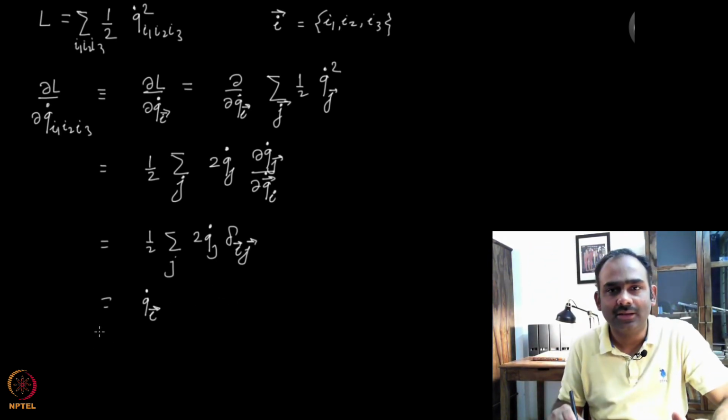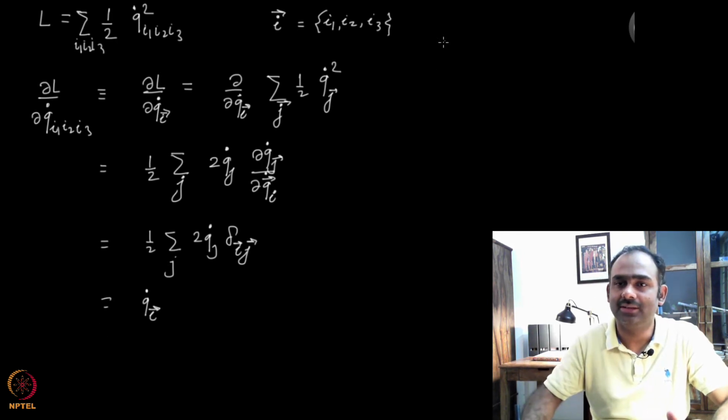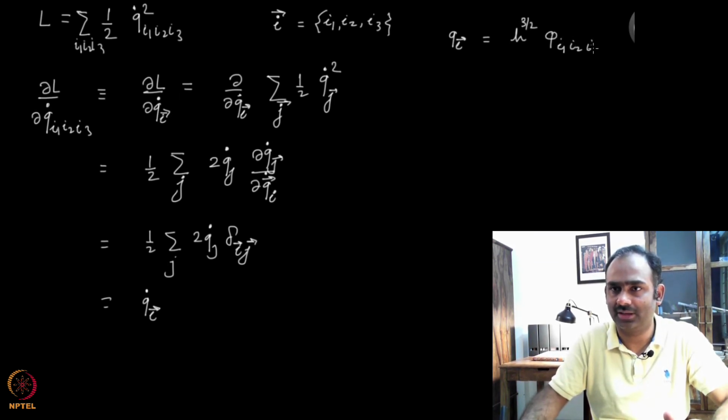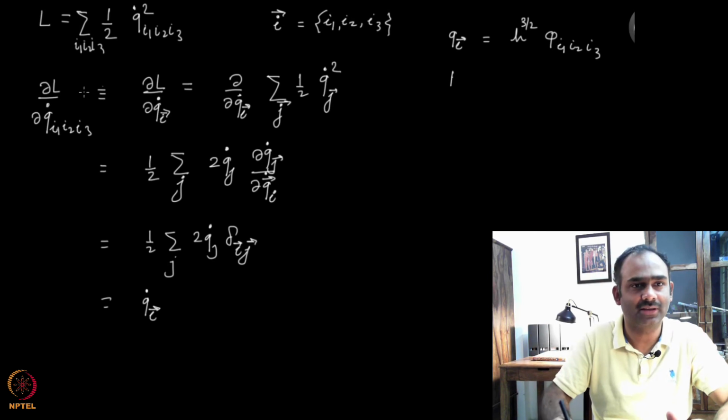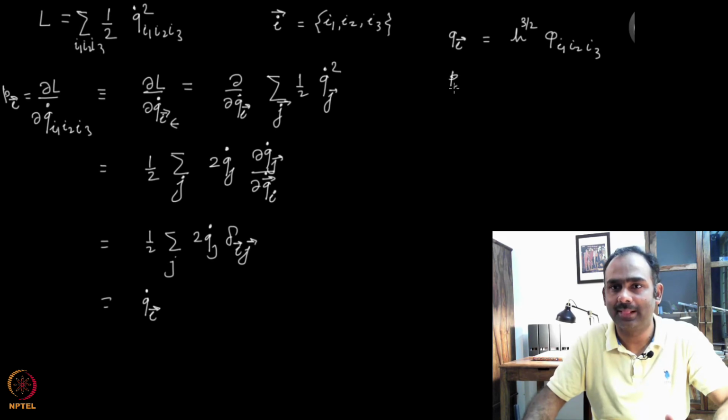That is good. Now, what I could have done already, or I can still do, see, I had q_i to be h^(3/2) phi_i. Let me define the conjugate momentum p_i, with the label i here, to be h^(3/2) times pi_i. So, this is just defining a quantity pi.